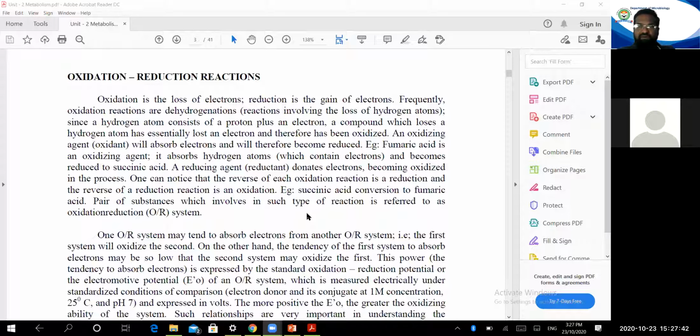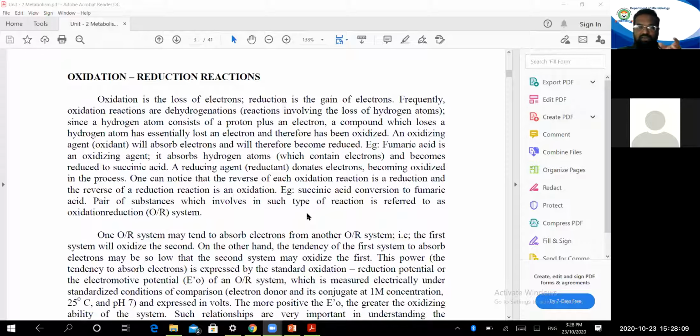Vice versa, if the substrate is reduced, it means the substrate is getting electrons from some source. After gaining the electrons, the substrate molecule becomes a reduced molecule, whereas the source from which the substrate has taken those electrons becomes oxidized because it is losing the electrons.